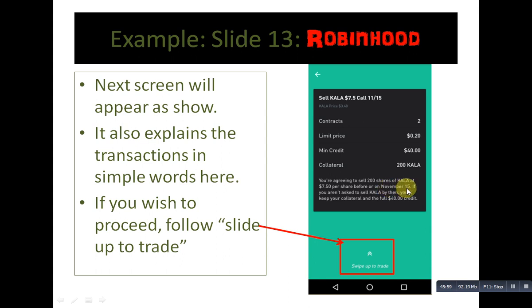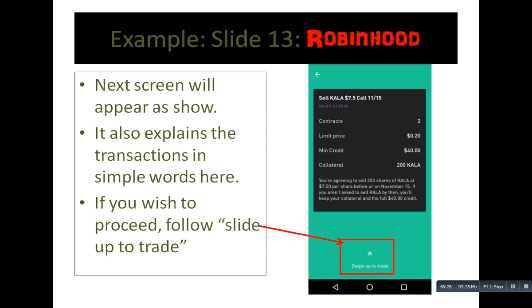If you are not asked to sell this KALA share by then, you will keep the collateral and keep the $40 of credit, exactly as I explained to you earlier. Make sure everything is okay on the screen, read everything thoroughly. If you're okay, you see a swipe up to trade here. So go over there, click it and swipe it up.